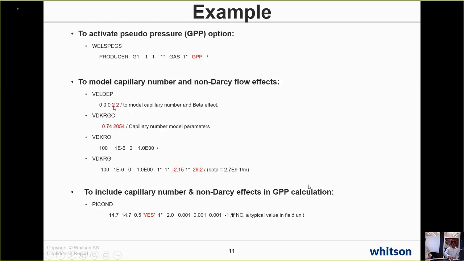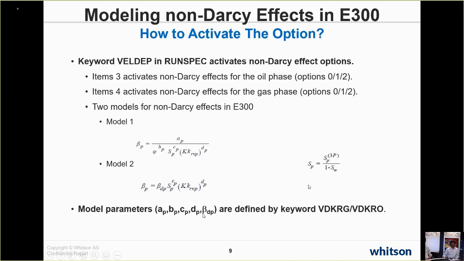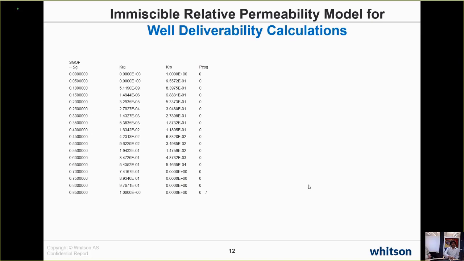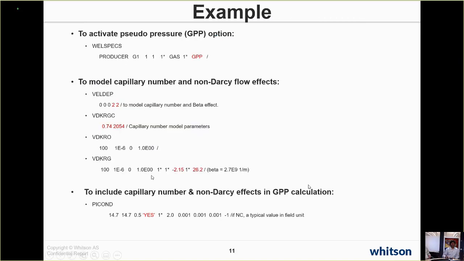Model 2 is this one here. And the exponent DP, where do you see that being input? In the example, this is for the default A, B, and this one is for C, and this one is for D.